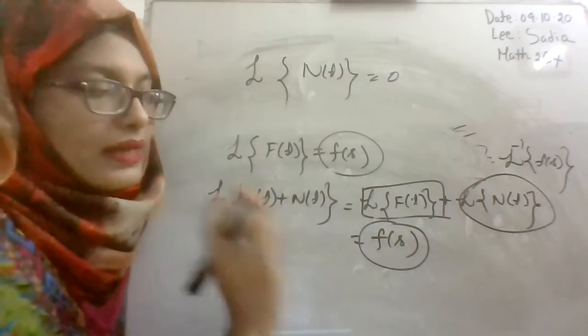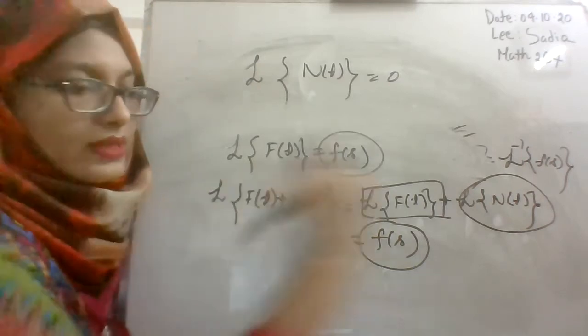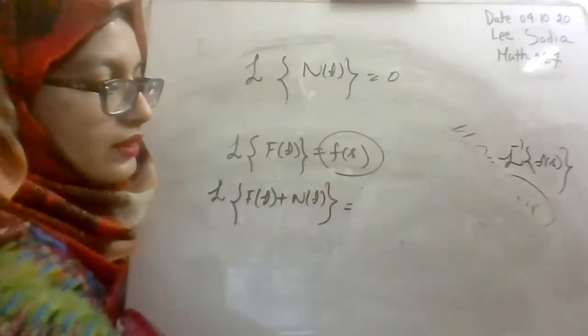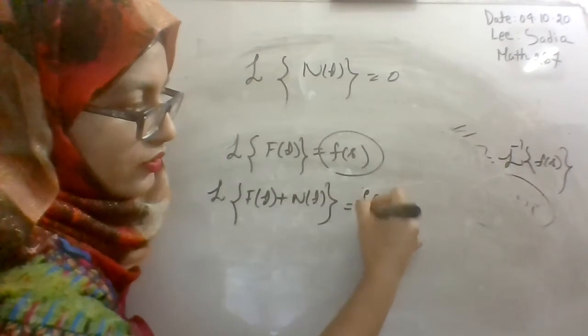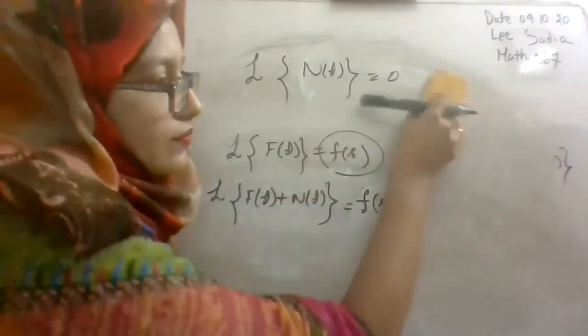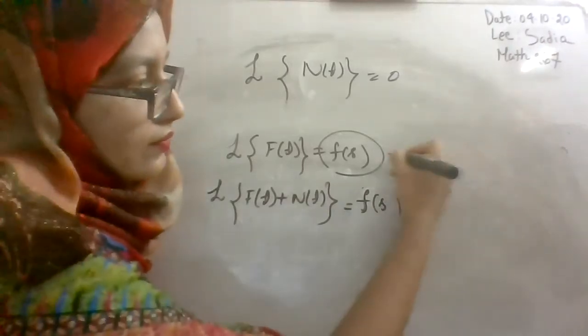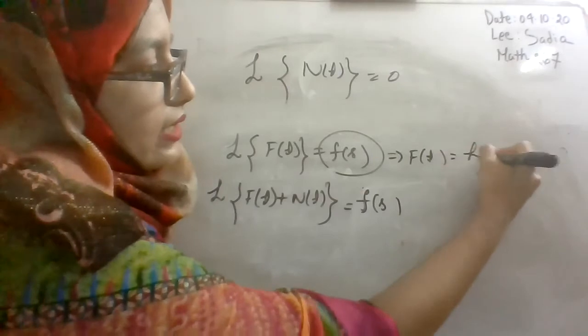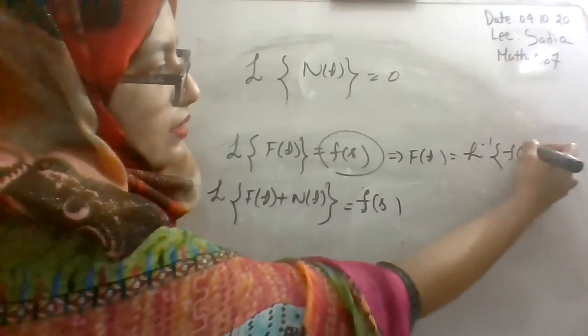Yes, ma'am. Now we will go for the inverse Laplace transformation. It is F of s. So from here we get the inverse Laplace transformation is f of t, right? And it is equal to L inverse of F of s.